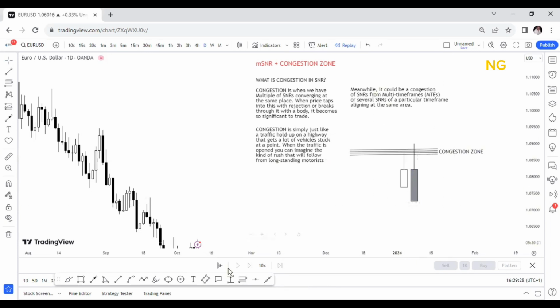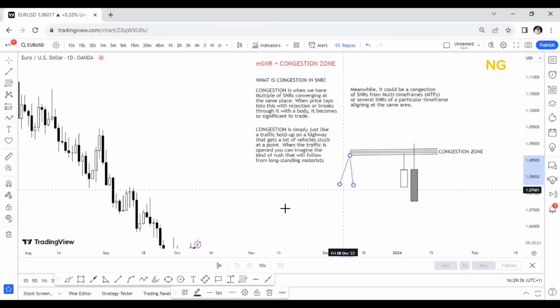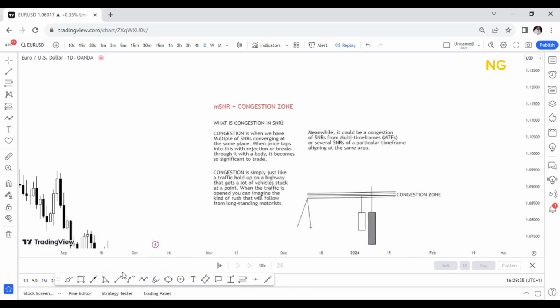It could be a kind of SNR in the past. This could be another one. It could be a gap.